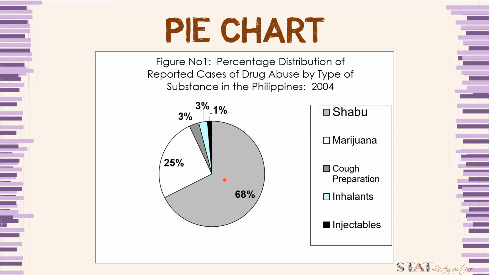So 68% of the reported cases of drug abuse is from the substance abuse of Shabu, which I believe none of you have tried, or if you've tried it, will not continue doing it. And then marijuana, they have 25%, and then cough preparation, so on and so forth in this small valued data.